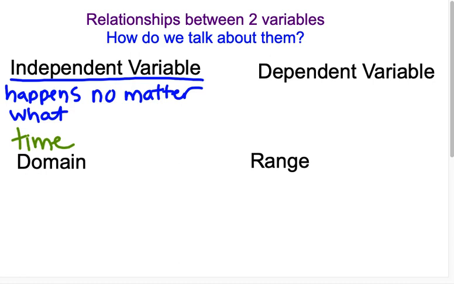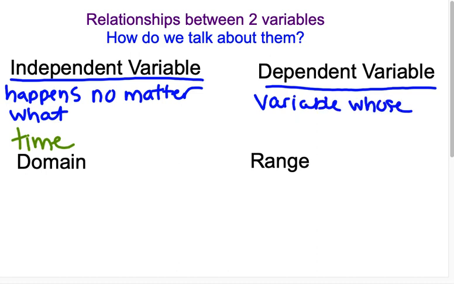So then a dependent variable, maybe you're guessing, does not happen no matter what. The dependent variable is the variable whose value depends on something else.